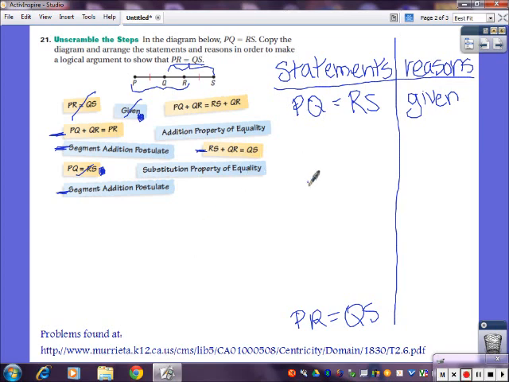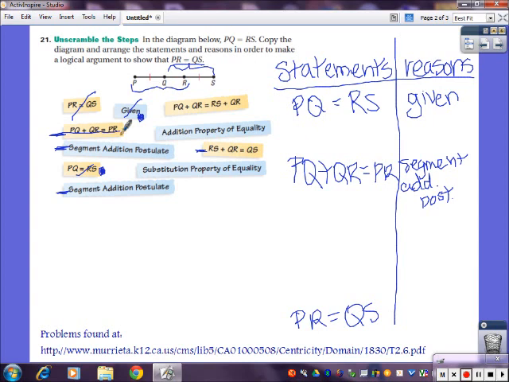And I'm going to leave some space because I may have to go in between and add things in the right order. So I'm going to move down a little bit, and I'm going to put PQ plus QR equals PR. And my reason is segment addition postulate. And then I'm going to mark those out.